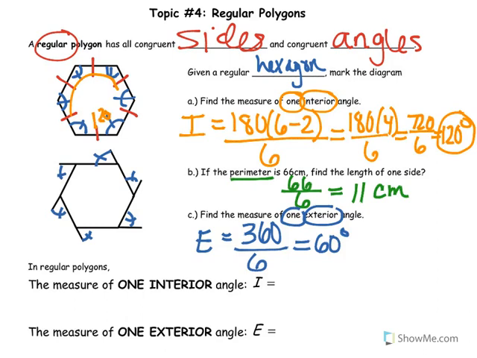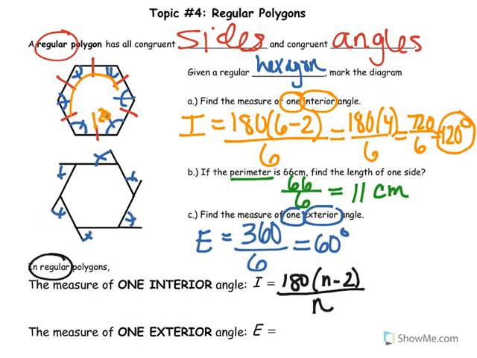Okay? So let's use this to figure out what the formula is. Only in regular polygons, all of my angles and sides have to be congruent in order to use these formulas. The measure of one interior angle is I equals 180 times n minus 2. I'm finding the sum. And then I'm going to divide by n, the number of angles that are in the polygon.